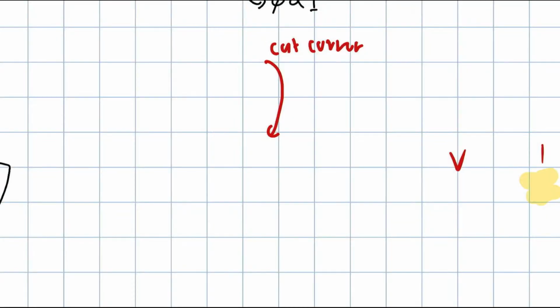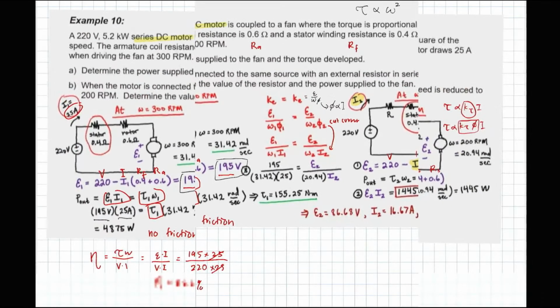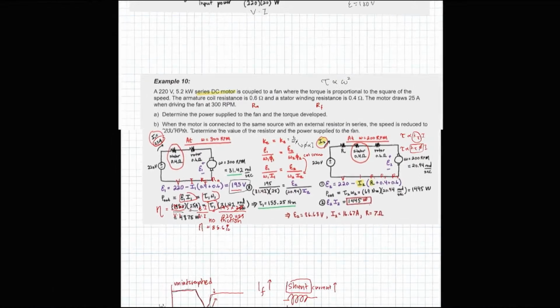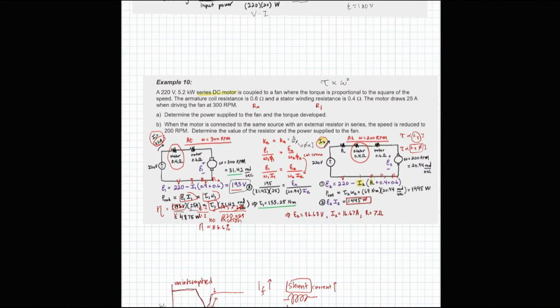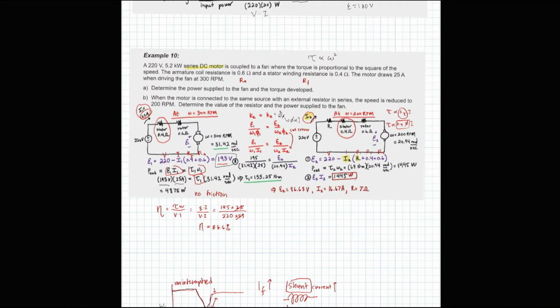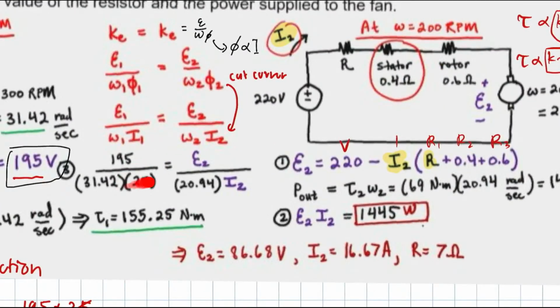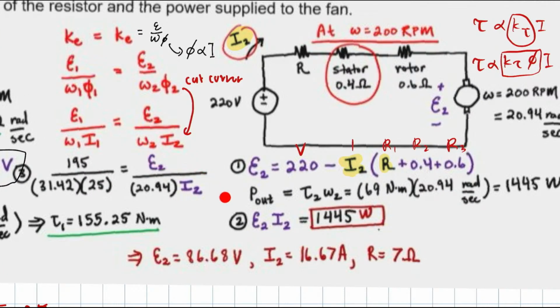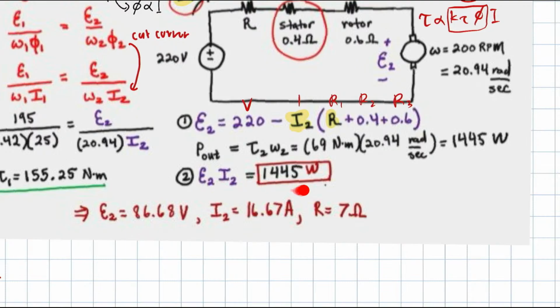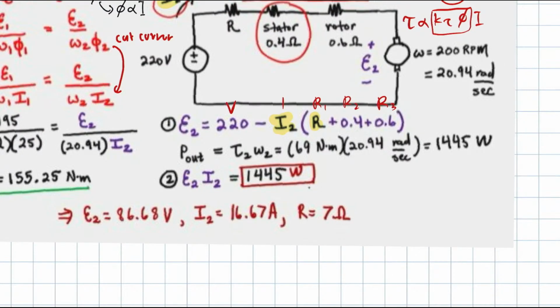So plug in. The only thing you don't know is what did I do? Wait, back. Okay, so the only thing we don't know is the back EMF and the I. We know the first EMF, we know the first RPM, we know the first I. So okay, you will find this. Then EI equals what? T omega.